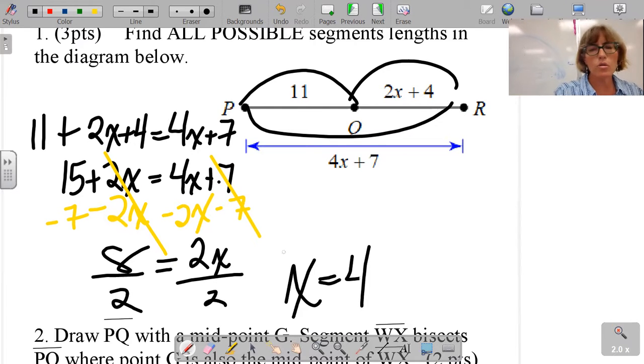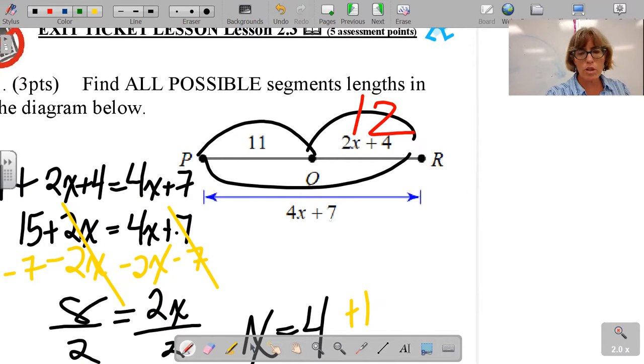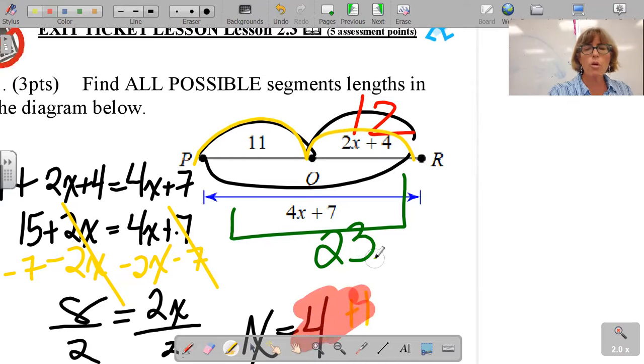So here x equals 4, that's plus 1. You come up here, that's 11. 2 times 4 is 8, plus 4, that's 12, so we got 12 here. And then here, 4 times 4 is 16, plus 7 is 23, and the way you can check is 11 plus 12 is 23. So 1 point for the 4, 1 point for the 12, and 1 point for the 23.